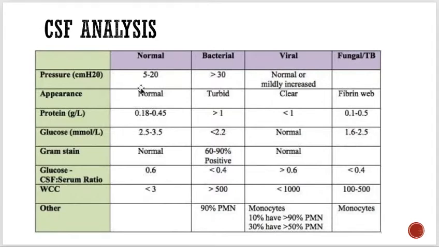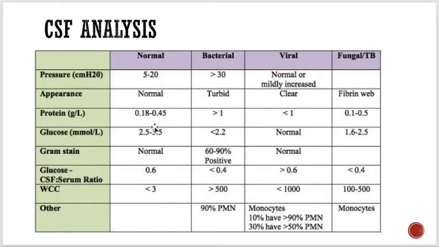For that, you have to see multiple CSF samples which are normal. But you can say the CSF is clear. But it could be turbid in meningitis. It could be like a fibrin web in the case of fungal infection or TB.